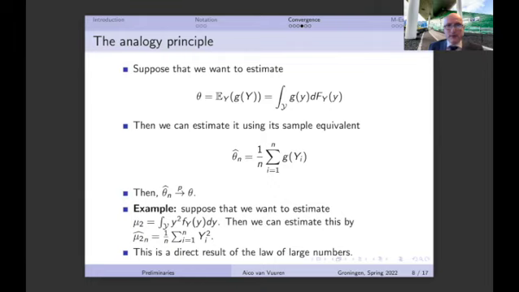You should realize that at the moment that we look at a function g(y), where y is a random variable, then the random variable z, which is defined as g(y), is of course also a random variable itself. Therefore, if we use the law of large numbers with respect to not y, but g evaluated in y, then we immediately get the analogy principle.